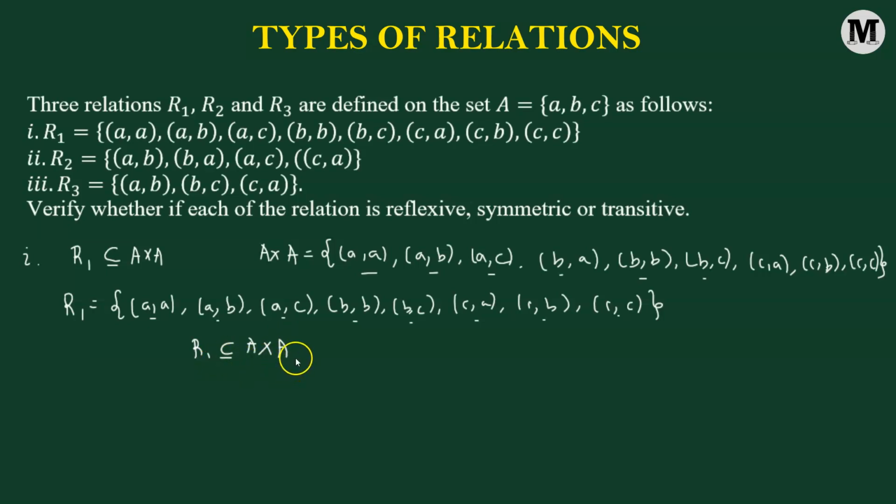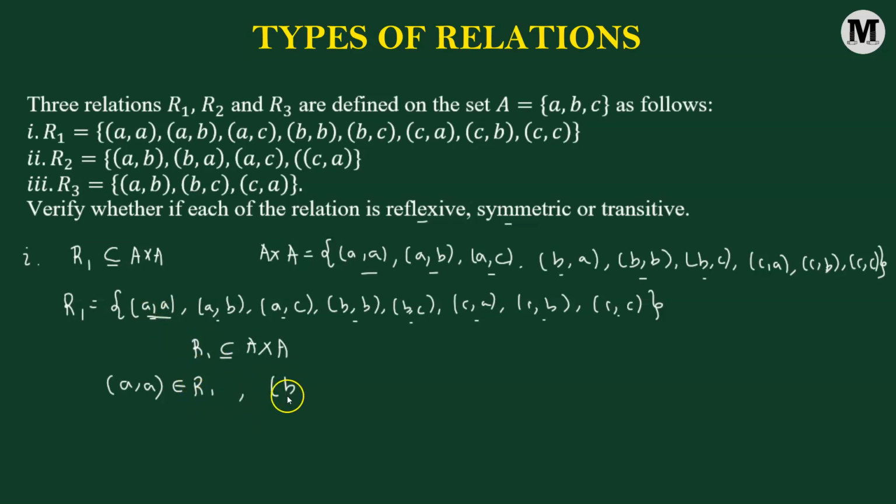But our goal here is not to show that it's a relation. It's indeed a relation. Our goal is to show which one of these it is: is it reflexive, symmetric, or transitive? That is what we need to show here. Now, since A has 3 elements, A, B, and C, it is necessary that the relation R1 must contain A comma A. This must belong to R1. Is it present? Yes, it is present.